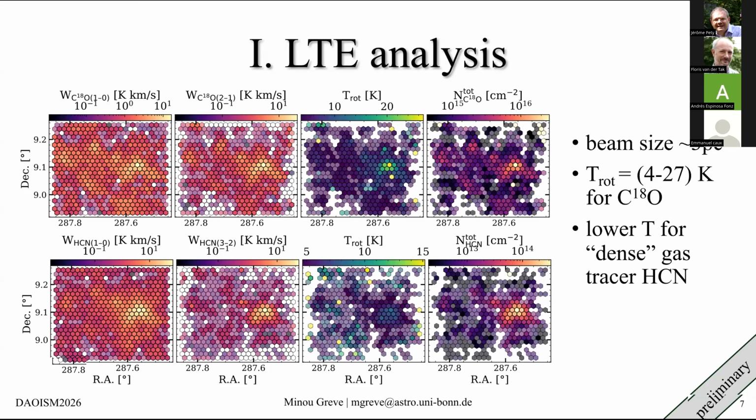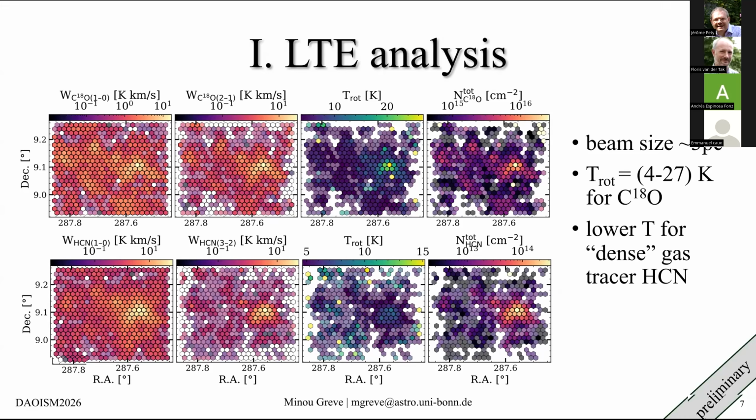So when we look at the temperatures, we find in general very low temperatures. For the C18O, temperatures up to 30 Kelvin in the very bright spot of W49A, and in terms of HCN, even lower, ranging up to 15 Kelvin, especially in the bright region, they're very, very low.